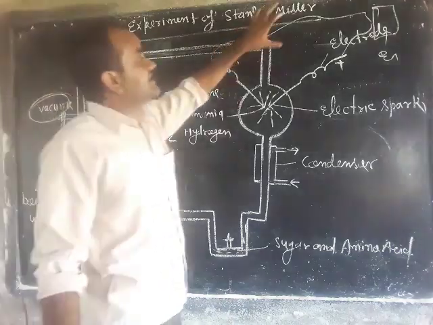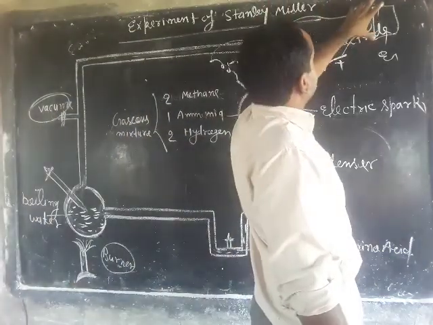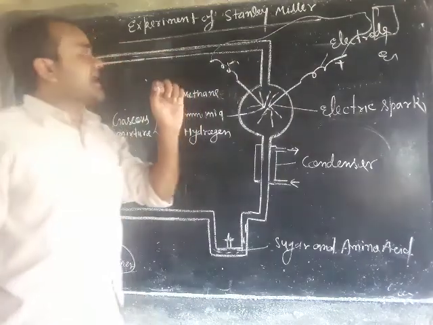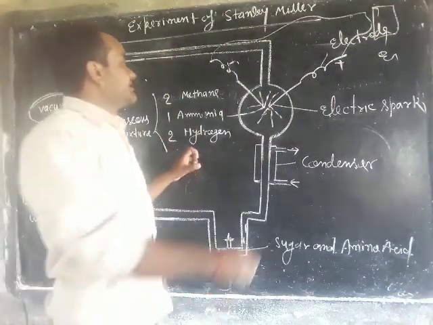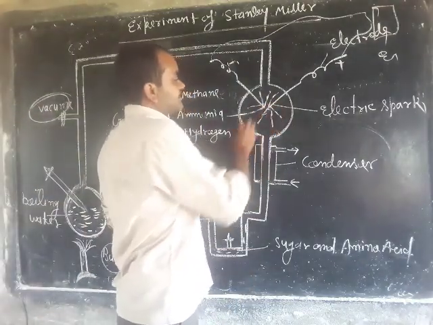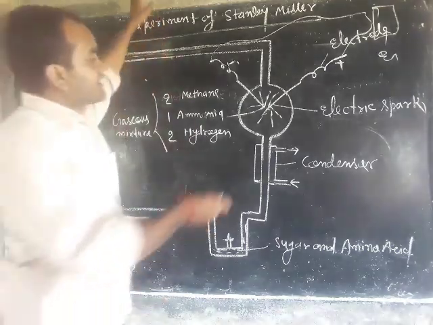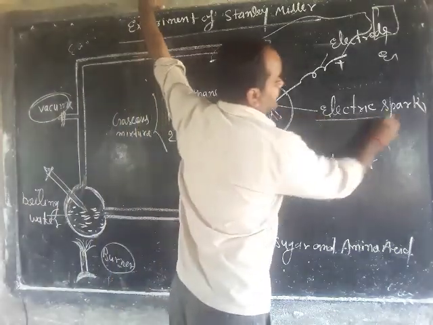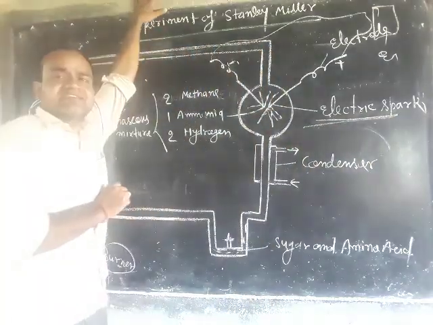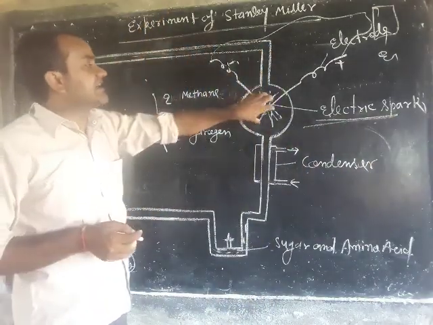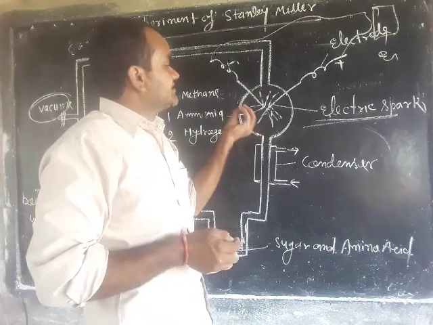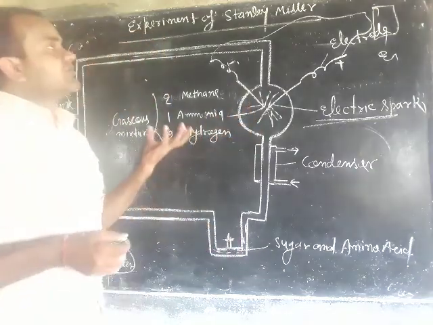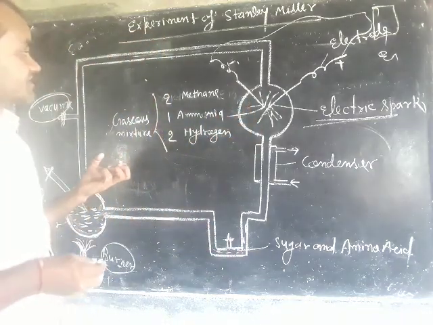He connected these electrodes to the electric supply, and after the supply, the electrodes come near each other and form a sparking known as an electric spark. Here the electric spark is produced continuously.